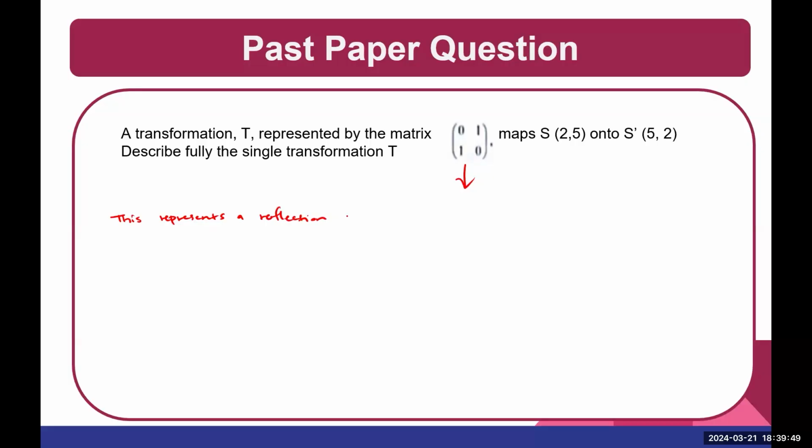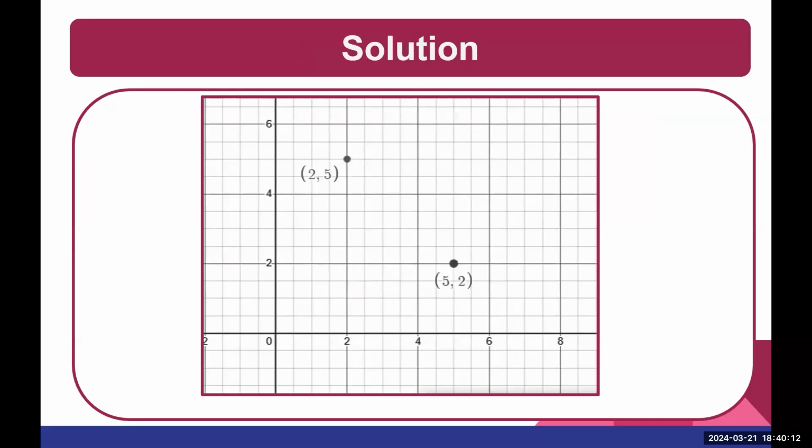Y equals x. Yes, because the x and the y coordinates are switching. So this is x, this is y. Now this is x and y. So we realize that the y coordinate switches with x. This is a graphical representation of it, the line y equals x. So that is the basics of reflection.